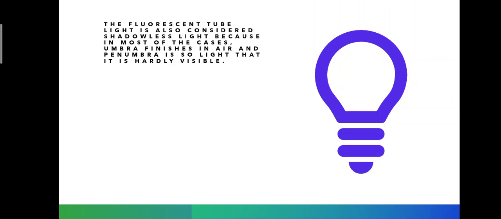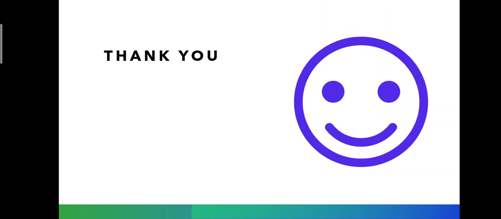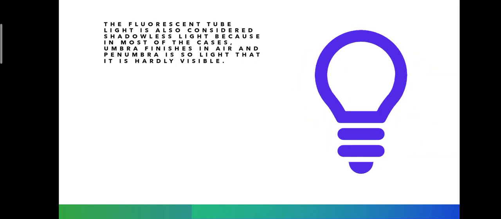The fluorescent tube light is also considered shadowless light, because in most cases the umbra finishes in the air and the penumbra is so light that it is hardly visible. Remember the points again.